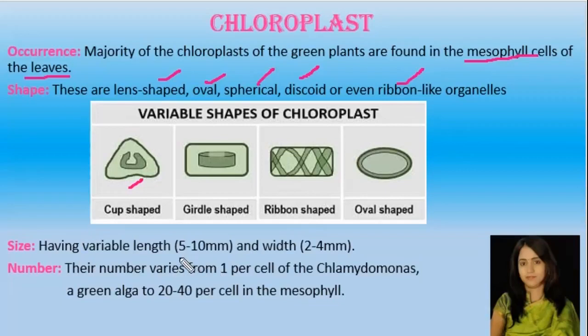The length measures about 5 to 10 millimeters and width 2 to 4 millimeters. Number also varies, from 1 chloroplast per cell in Chlamydomonas, and in some cells around 20 to 40 chloroplasts are present in the mesophyll cells. Remember, these chloroplasts are easily observable under microscope. Now let us see the structure of the chloroplast.